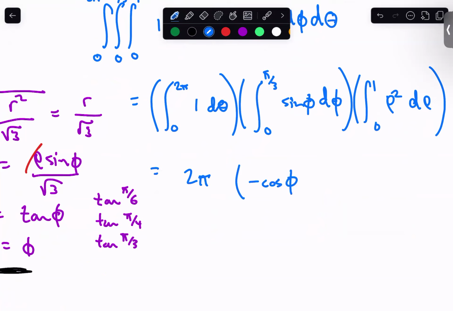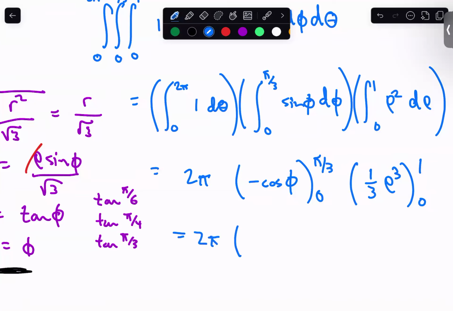When you integrate sine, you get negative cosine. We'll have to plug in the bounds here. And when you integrate rho squared, you get 1/3 rho cubed. Cosine of pi over 3 is 1/2, minus a negative, which should be plus, and cosine of 0 is 1.